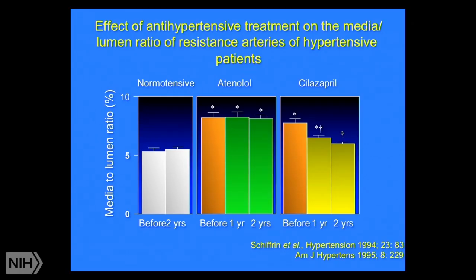Over the 2 years that we performed the study, as you can see, there was no effect of the beta blocker, atenolol, and this may be peculiar to atenolol. But under treatment with the ACE inhibitor, inhibition of the renin-angiotensin system, there was progressive improvement of media to lumen ratio of these small arteries from the subcutaneous tissue in these hypertensive patients, with equal lowering of blood pressure under both treatments.